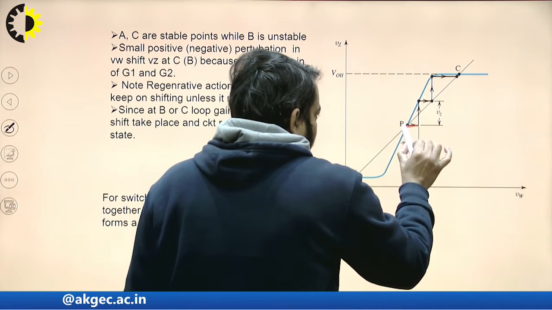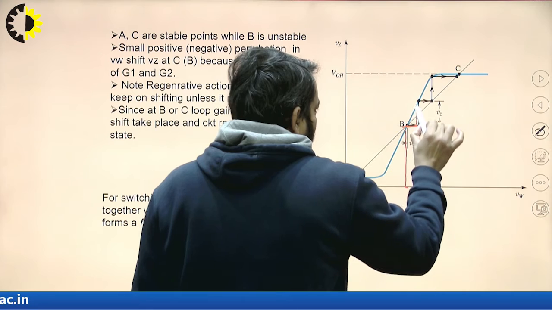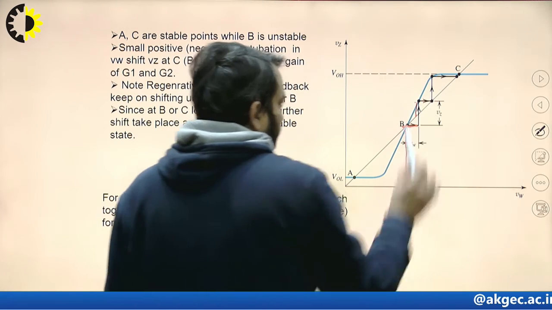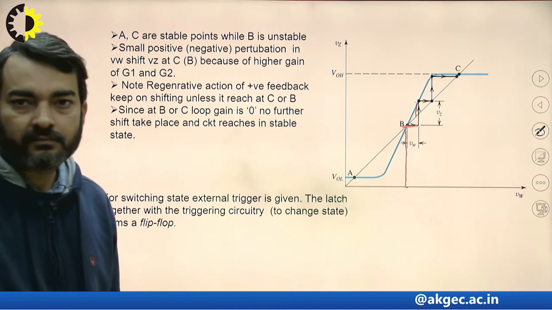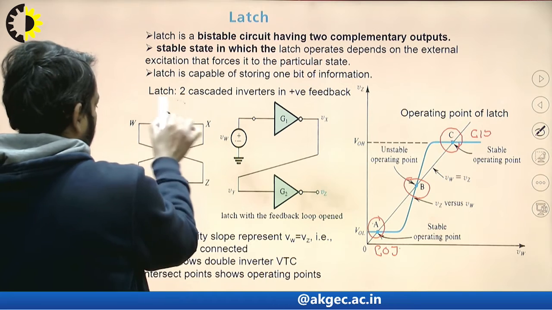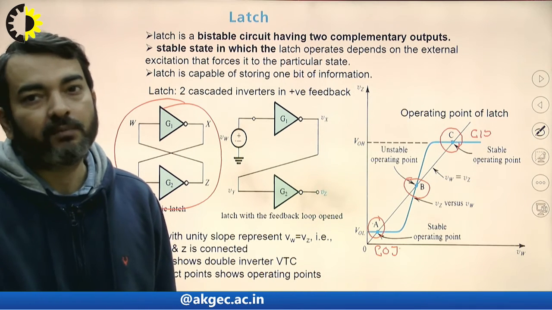Because of a small change in input, the output will switch to this point. And the same output is connected to the input in this circuit, so the input will be further modified.